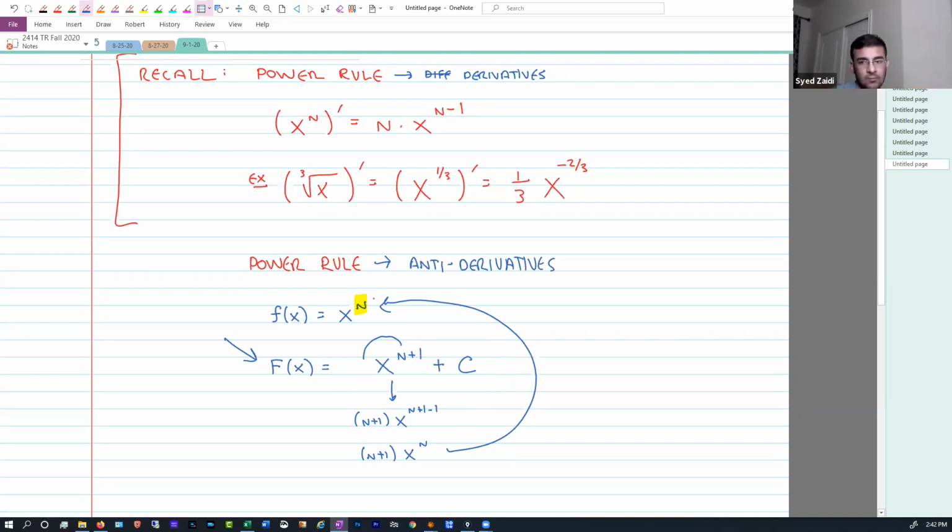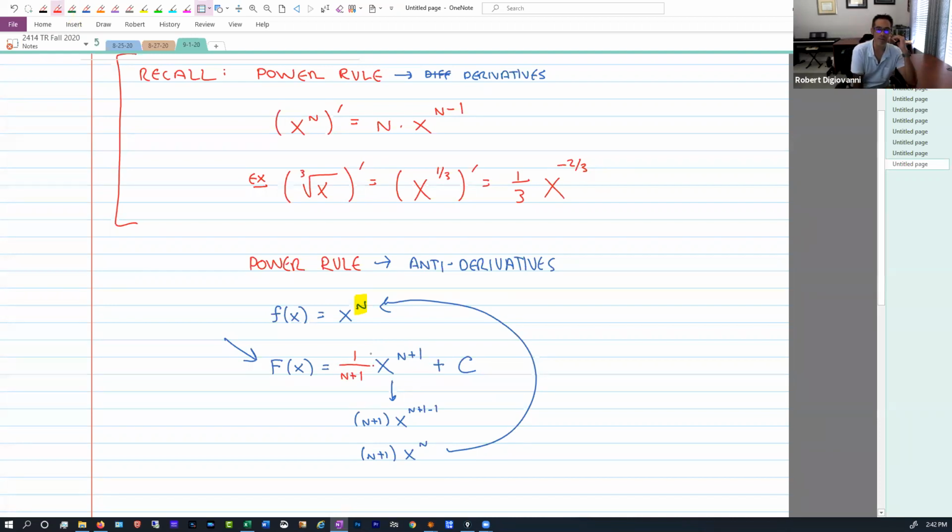No, right? That n plus 1 in front messes everything up. So in the formula, we need to account for that n plus 1. We know n plus 1 is going to pop out every single time. So we're just going to divide by it. We're going to put 1 over n plus 1 in front. And that should work. And this is our power rule for antiderivatives.